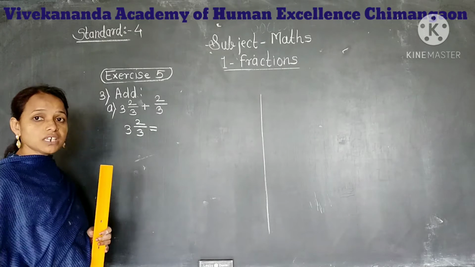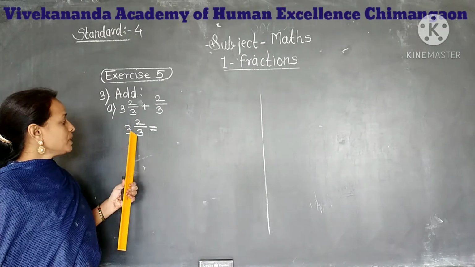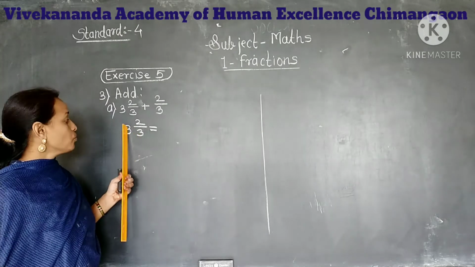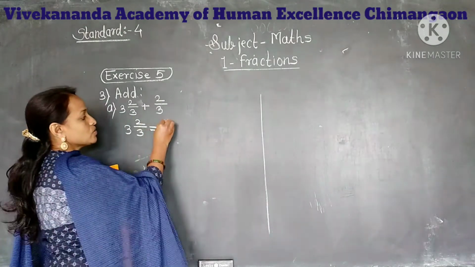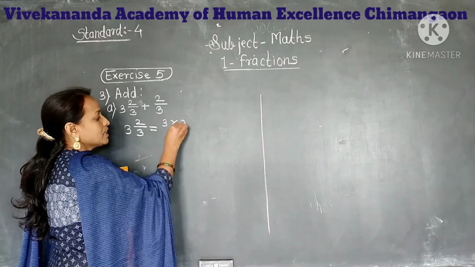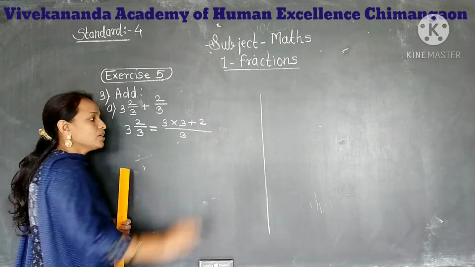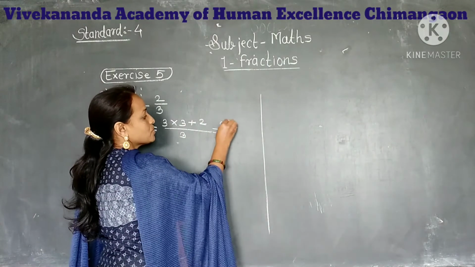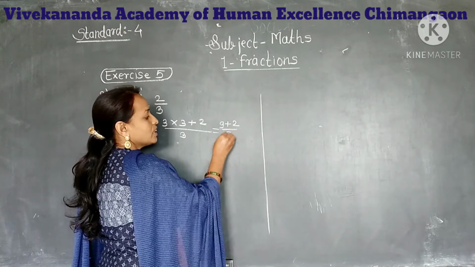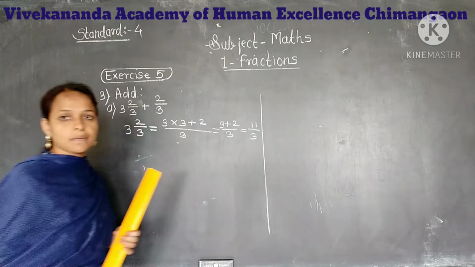We multiply the denominator with the whole number and add the numerator. So multiply 3 by 3, add numerator 2 and write the denominator. 3 threes are 9 plus 2 upon 3, we get 11 upon 3.